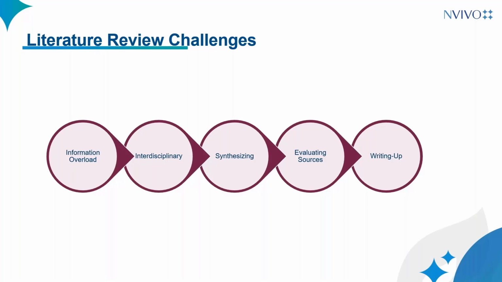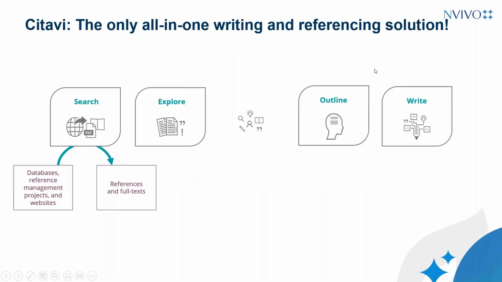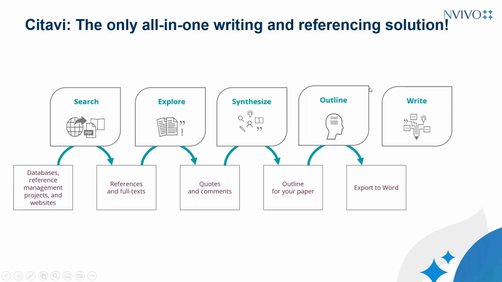That's the real challenge, to integrate a diverse range of literature into a coherent argument. You have to be evaluating the sources as you go along, and at the end of the day, you have to put it all together and write up. So these are really heavy challenges, and Citavi can help you with all that.